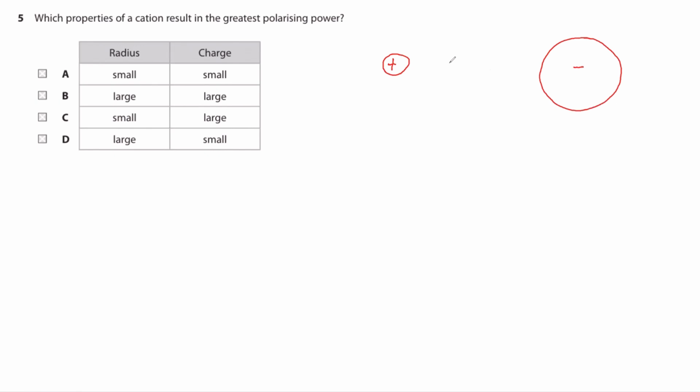Polarizing means the cation pulls the anion a little bit strongly. When it pulls the electron cloud of the anion a little stronger, this electron cloud will not be spherical. Instead, it will be a little bit elongated towards the cation. So it gets pulled towards the cation.